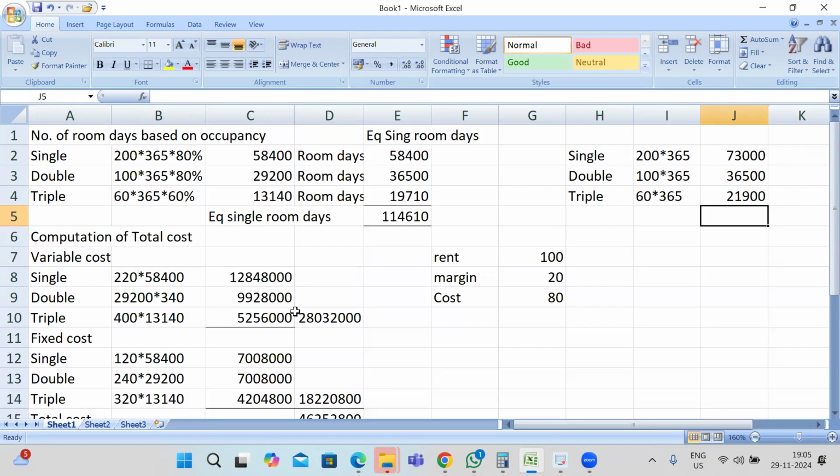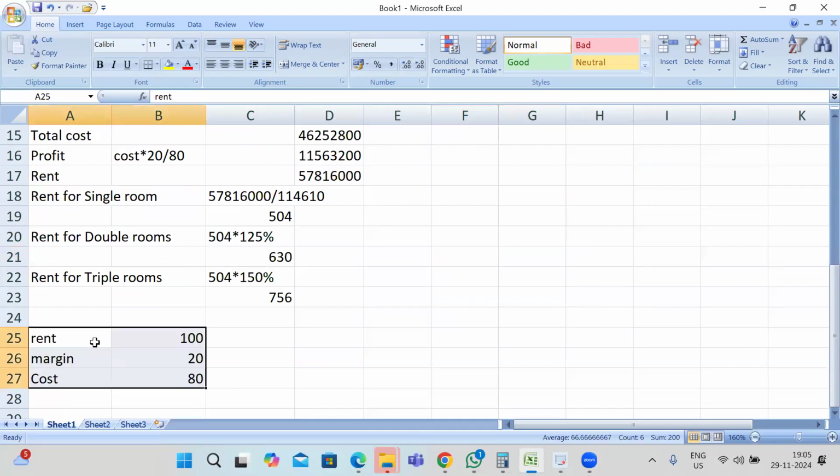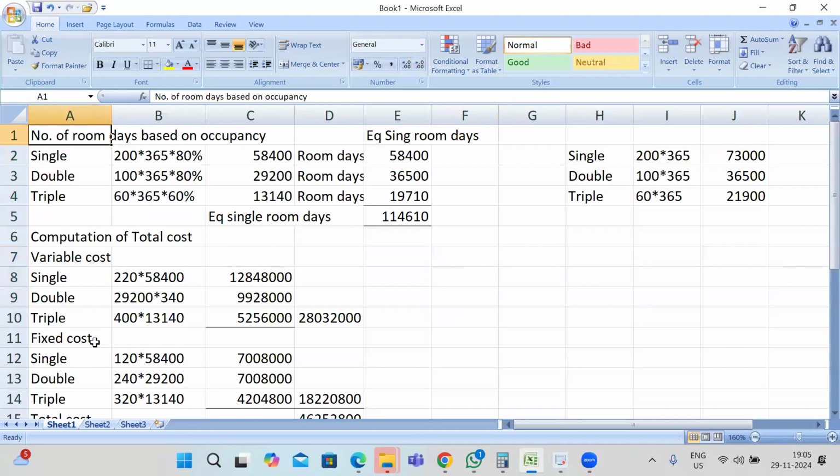So my variable cost calculation will be the same. There won't be any change in that. But the only thing here, the changes will be for fixed cost.